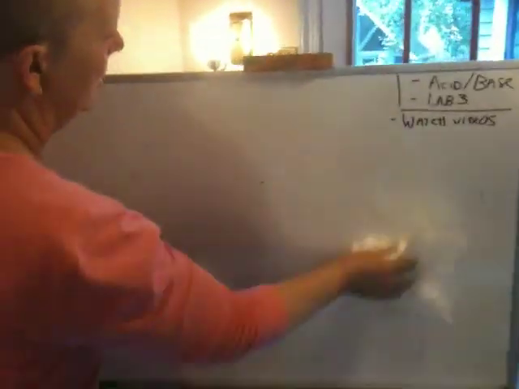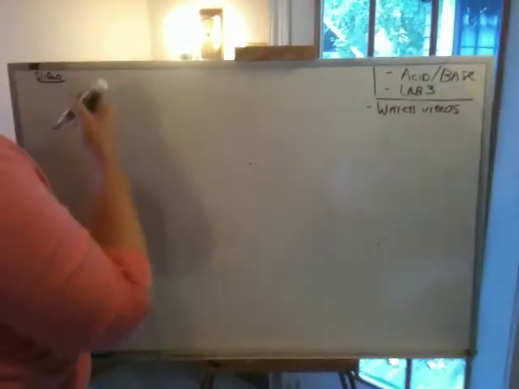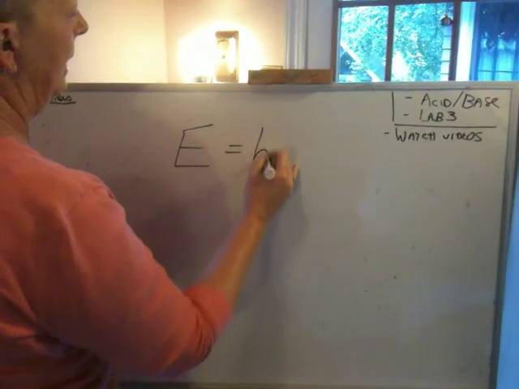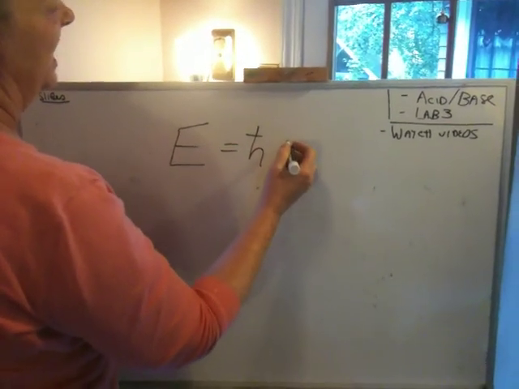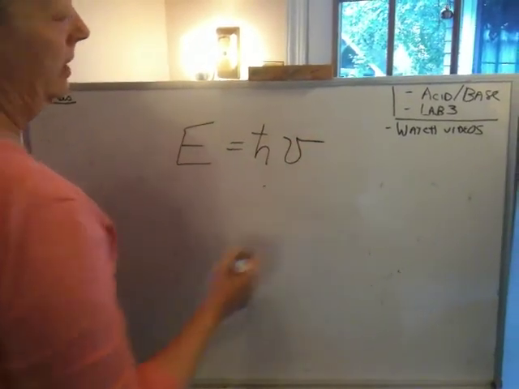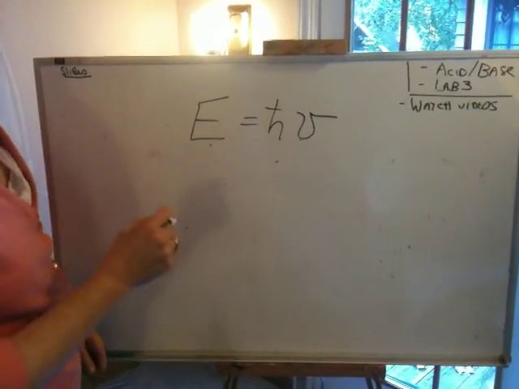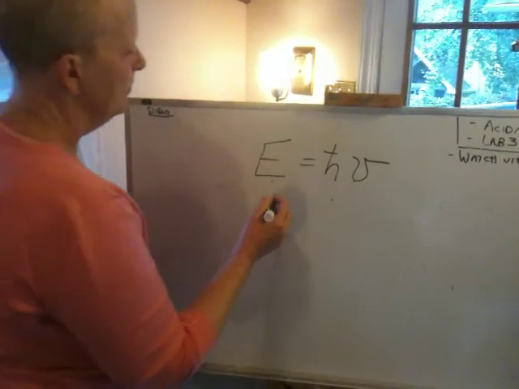Now, the important relationships that you need to know in terms of this spectroscopy is you need to know that E, the energy, equals h, which is Planck's constant, times frequency, okay? So this is saying energy and frequency are directly proportional, okay?